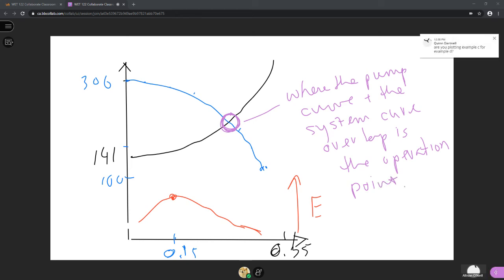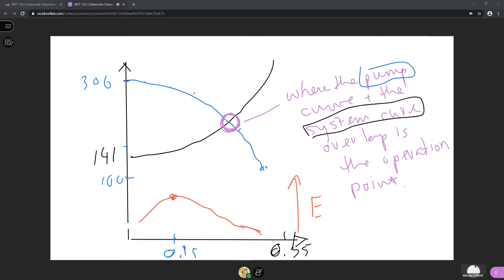Okay. I'm doing both example C and example D. The system curve example is example C, and the pump is example D. System curve is black. The pump curve is blue.